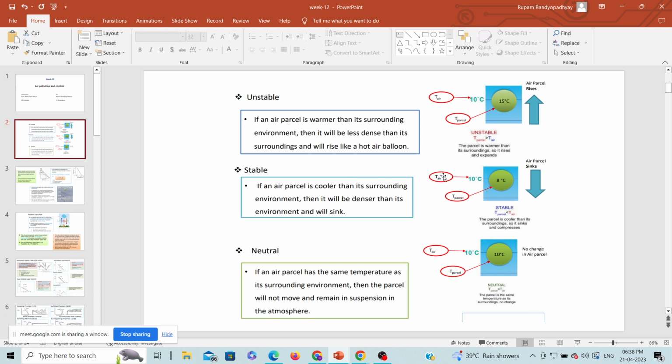It will try to settle, so it's a stable condition. And the neutral condition is when the temperature of the air parcel is similar to the surroundings, so it will stay in its own position, neither rising nor sinking.